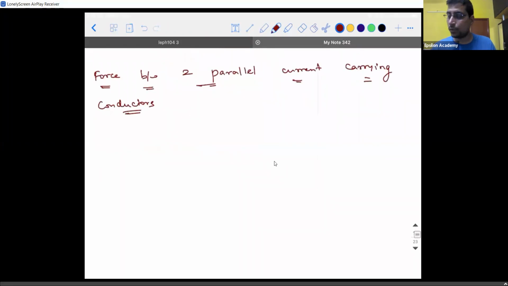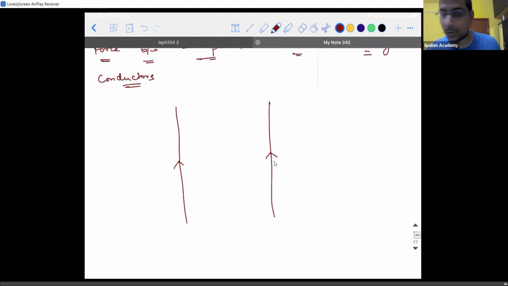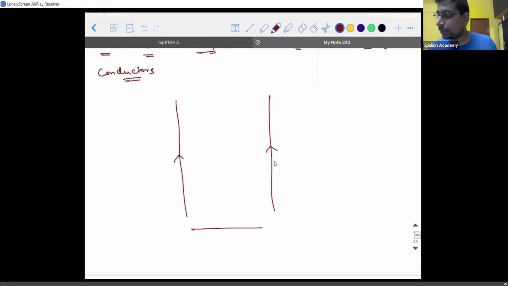So you have two parallel current carrying conductors and our work is to calculate the force between them. Okay. Let's say they both are separated by distance d. Let's say the current in the first conductor is I1 and the current in the second conductor is I2.